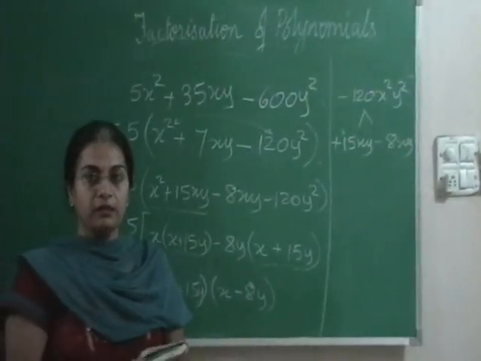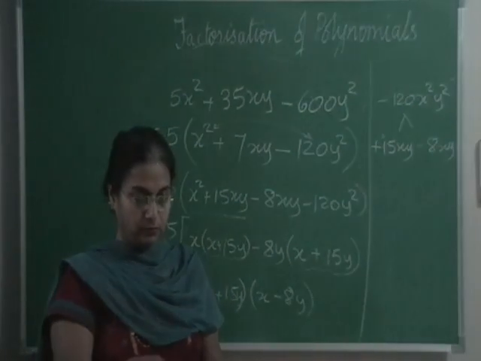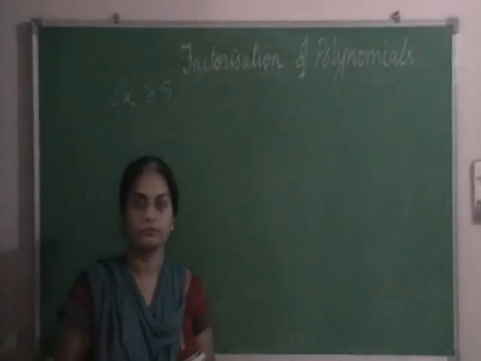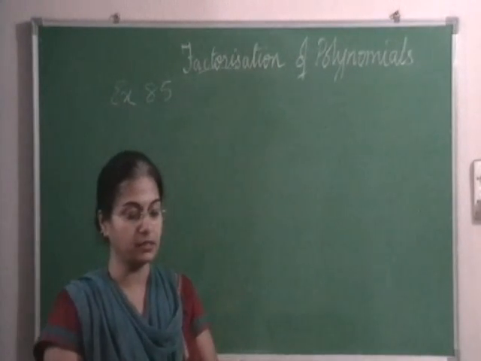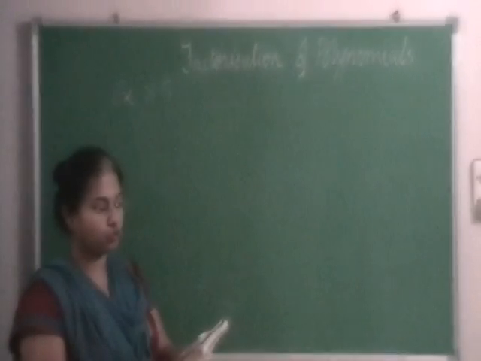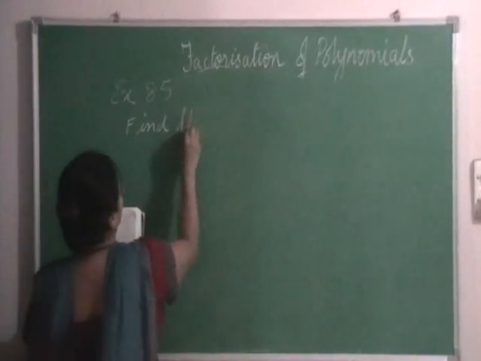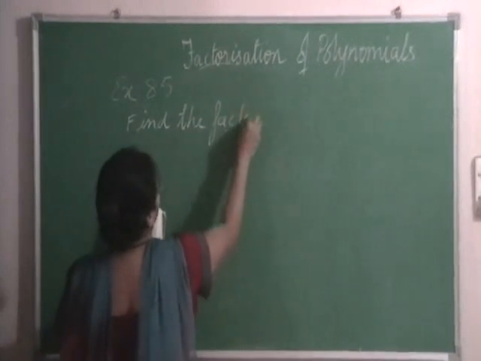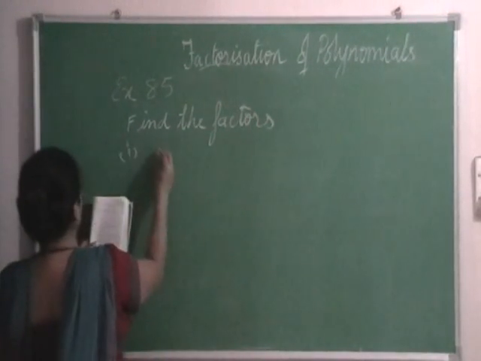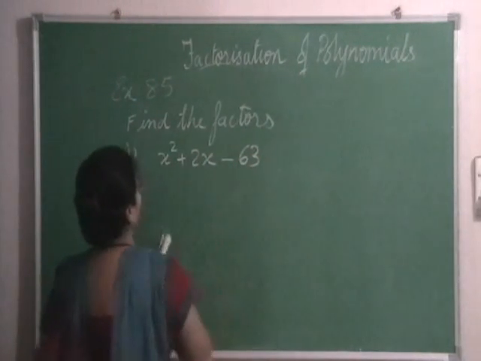We'll start with exercise 85. Let's start with exercise 85. First question is x square plus 2x minus 63. Find the factors. First sum is x square plus 2x minus 63.